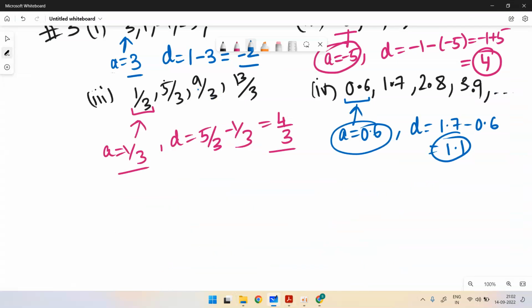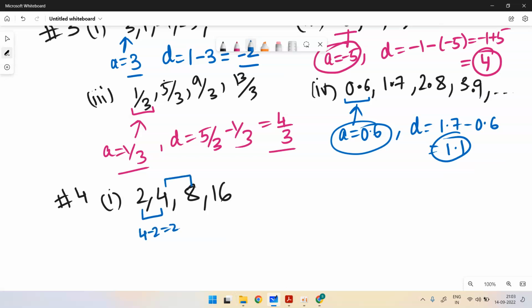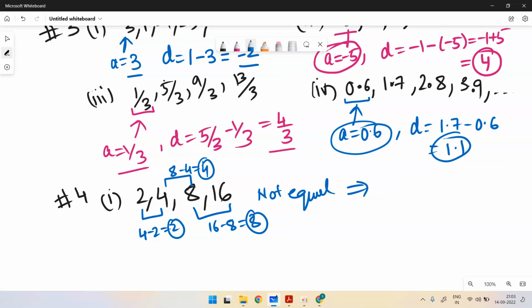For the first part, 2, 4, 8, 16: the difference is 4 minus 2, which is 2; 8 minus 4 equals 4; 16 minus 8 is 8. The differences 2, 4 and 8 are not equal, which implies that it is not an AP, not an arithmetic progression.